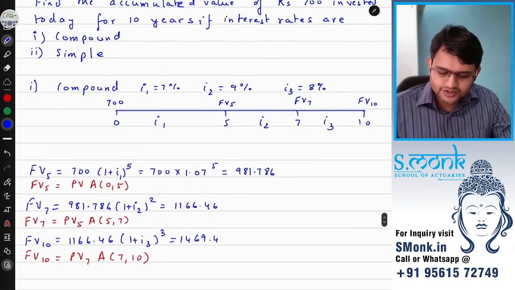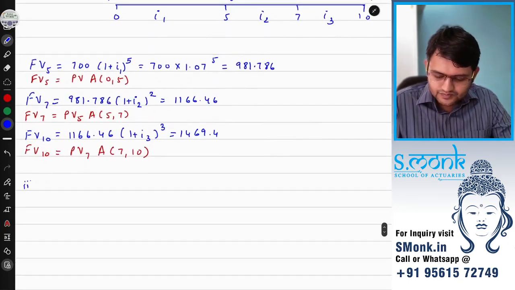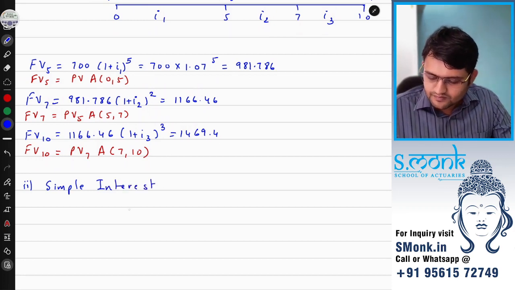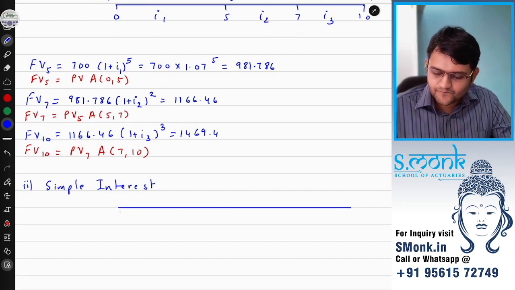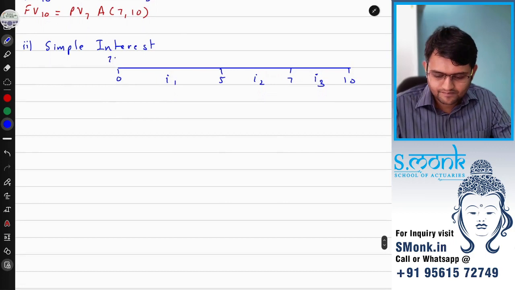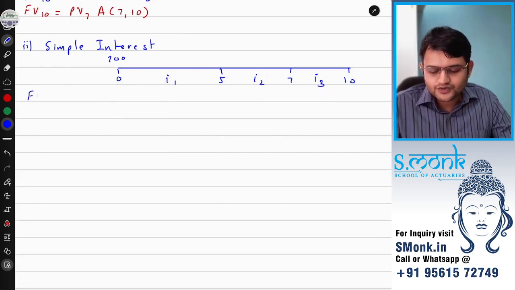Now I will just do the same thing for simple interest. You can say future value at time 5 is going to be present value, that is 700 at time 0, into accumulation factor 0 to 5.